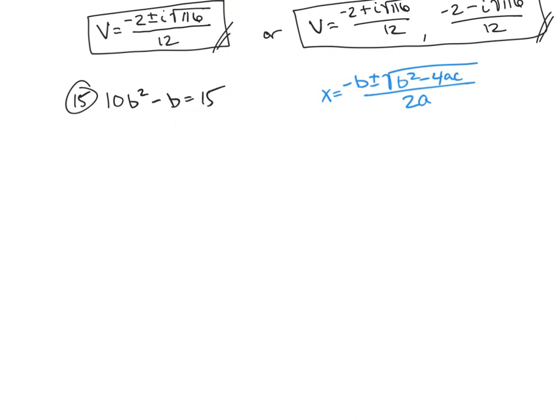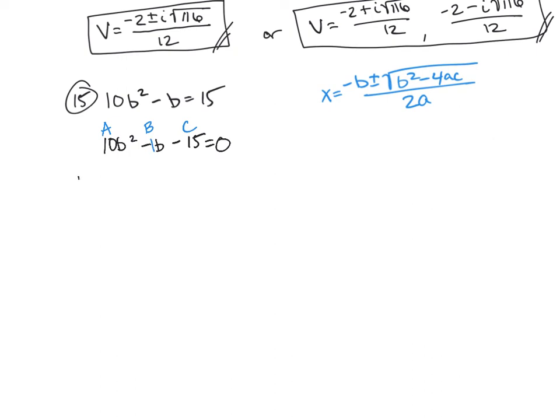we want to start our problems by having this set equal to 0. So I'm going to subtract 15 on both sides. So we have 10b squared minus b minus 15 is equal to 0. So we have our a value, our b value, and our c value. In this case, our a value is 10, our b value is negative 1.